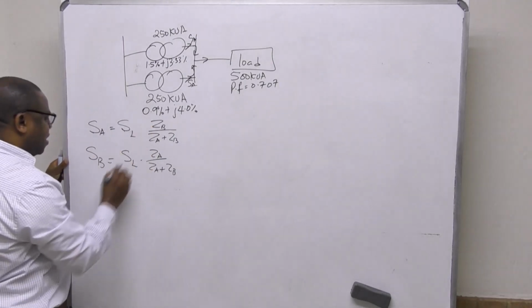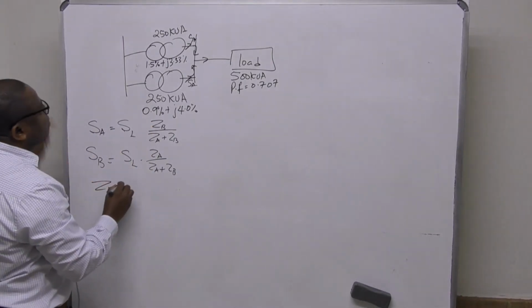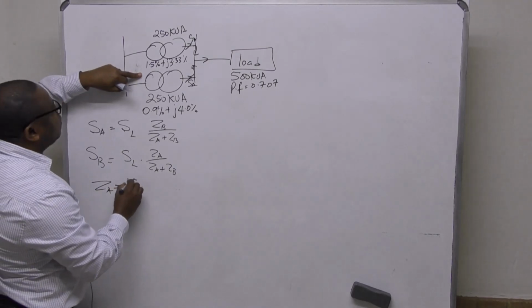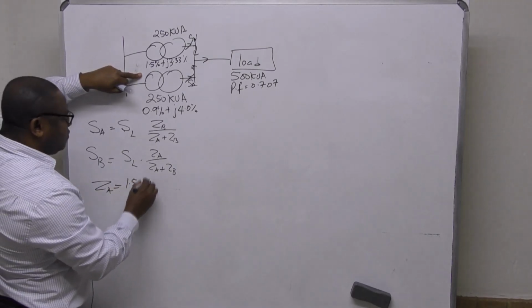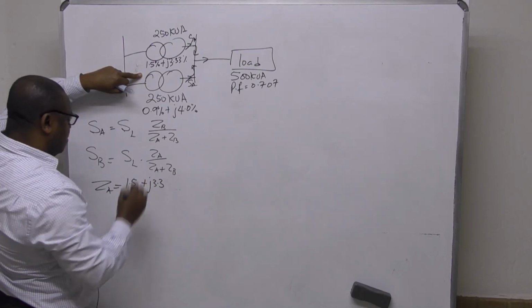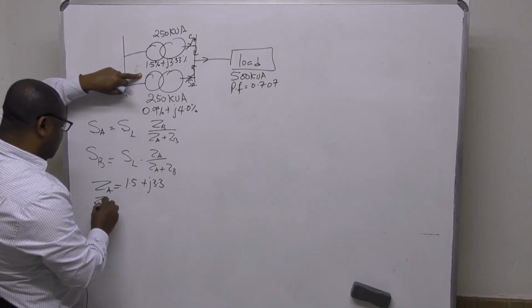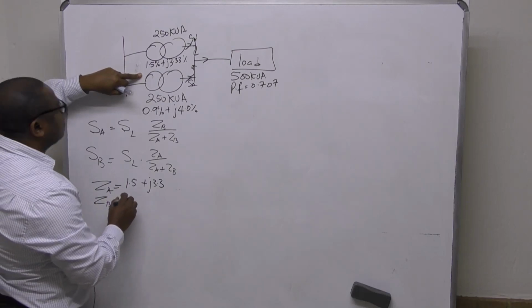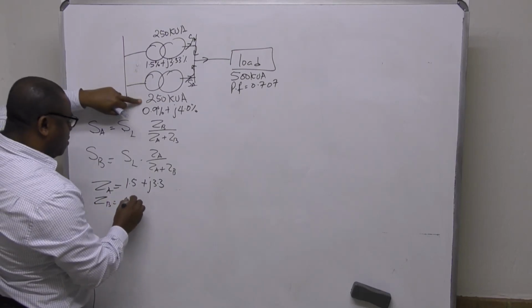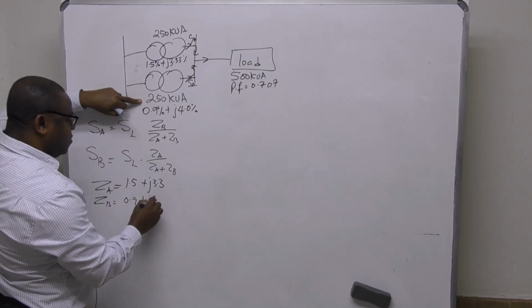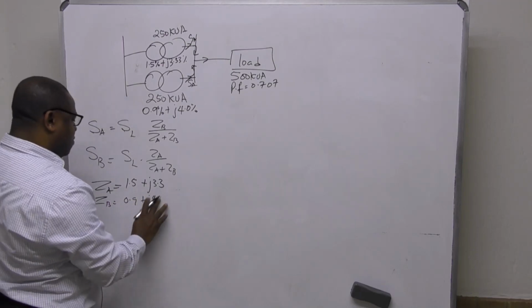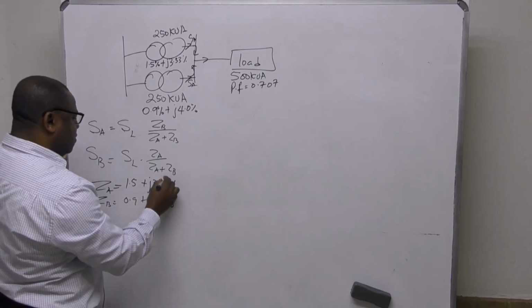So let's just get ZA. ZA is 1.5 plus j3.3, and ZB is 0.9 plus j4, all in percentage.